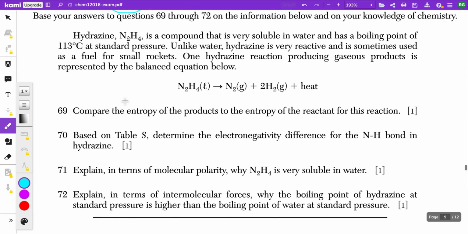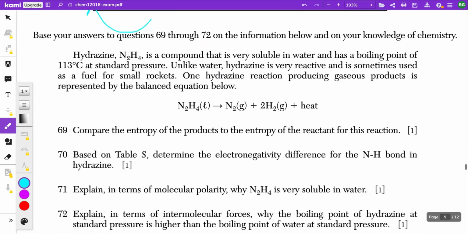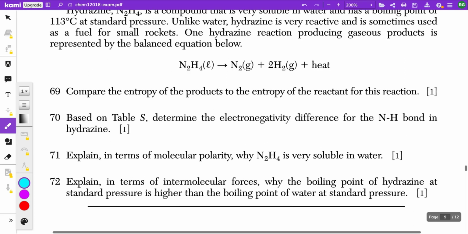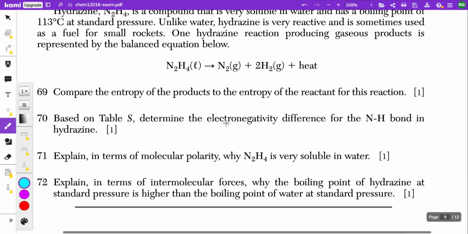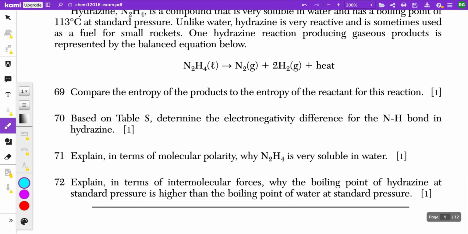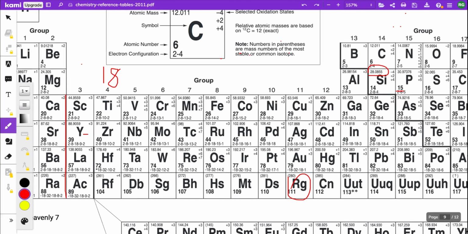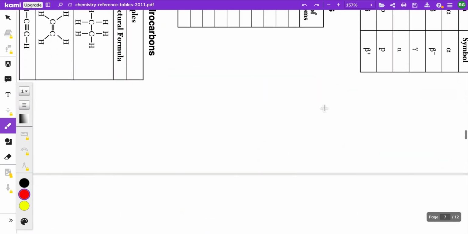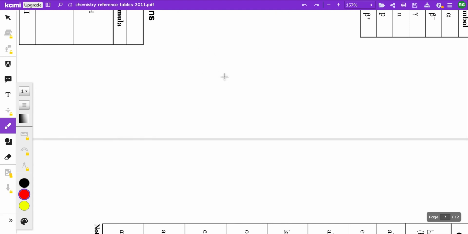Compare the entropy of the products to the entropy of the reactants for this reaction. Entropy is the level of disorder in your system. How I think about it is, imagine you have a solid ice cube.